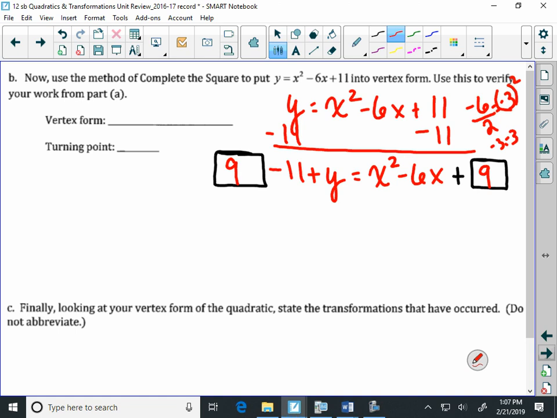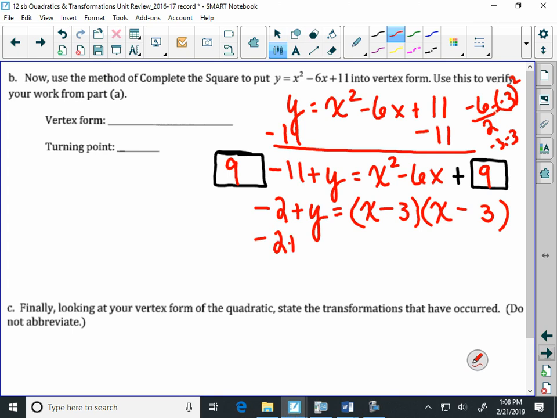On the left side here, 9 minus 11 is negative 2 plus y. And over here on the right side, I'm kind of combining steps, but we're going to factor. And remember, in these parentheses, they need to be the exact same values. X and x. 9 is 3 and 3. And since there's a minus in front of the 6x, there's a minus in there.